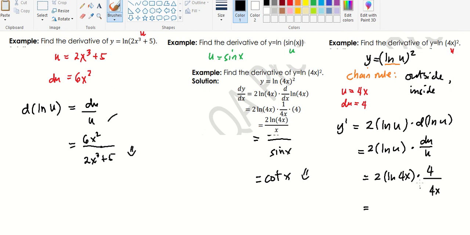So, we can have 4 times 2, that's actually 8, or pwede pala natin ito i-cancel, no? Yung 4 over 4. Yan, so 1 na lang. So, we will have 2 ln 4x all over x. Okay? So, this is our answer.